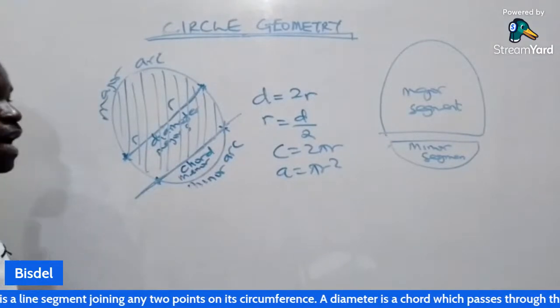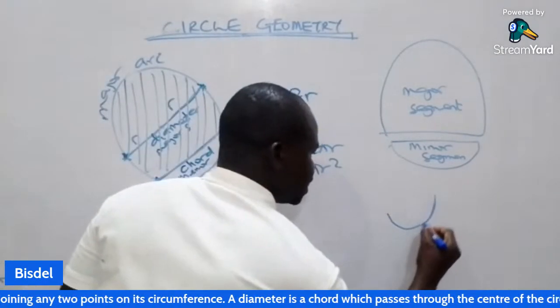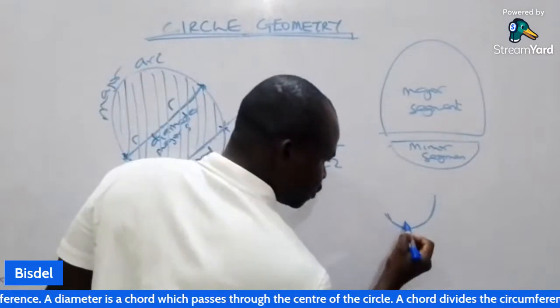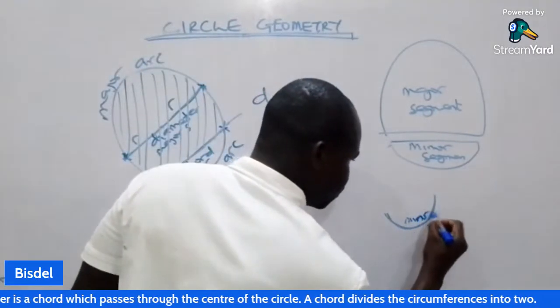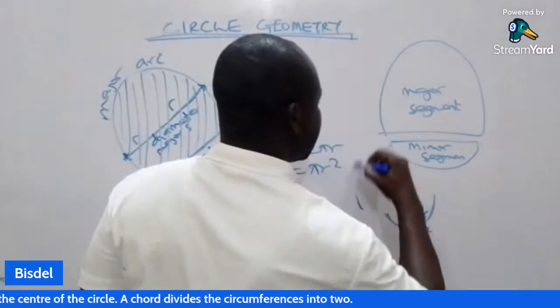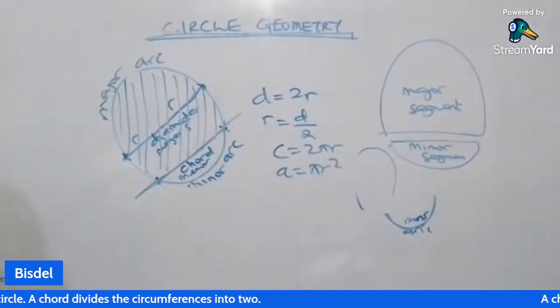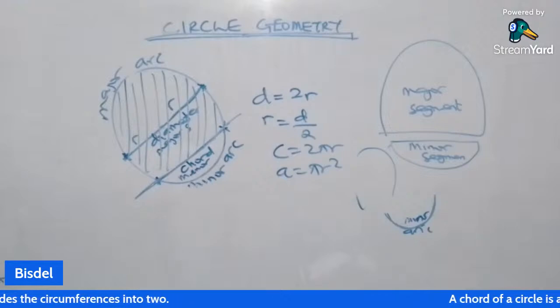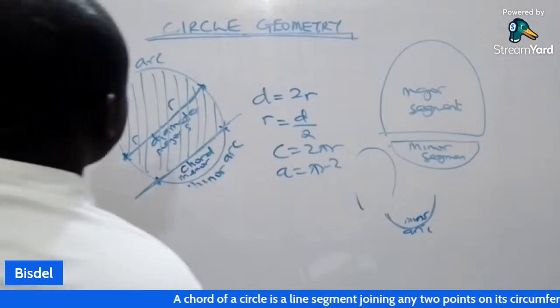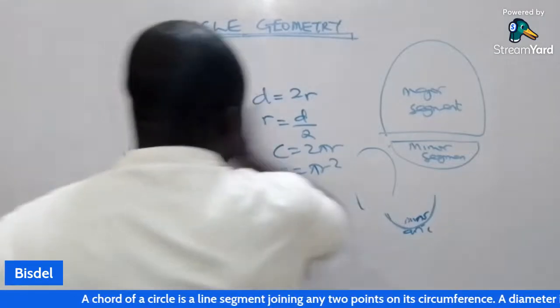The same chord divides the circumference, which is just the circular line, into minor and major. This is called the minor arc, and the bigger one, without what is inside, is called the major arc. So this is just a simple introduction to some of the properties of a circle.